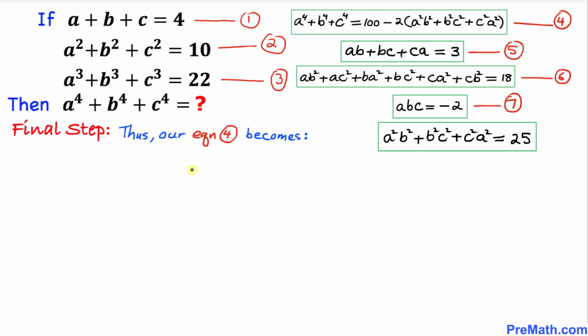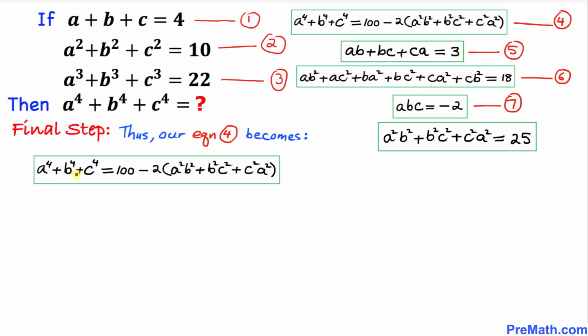And here is our final step. So thus our equation number 4 becomes, and here I have copied down this equation number 4, and as you can see this part, A square B square plus B square C square plus C square A square, we figured out the value of that one in our previous step, that is 25. So I'm going to replace that one by 25.